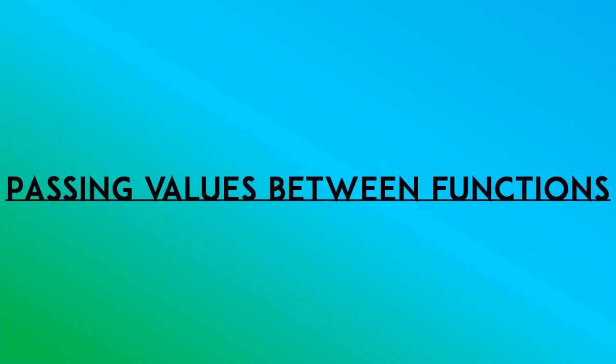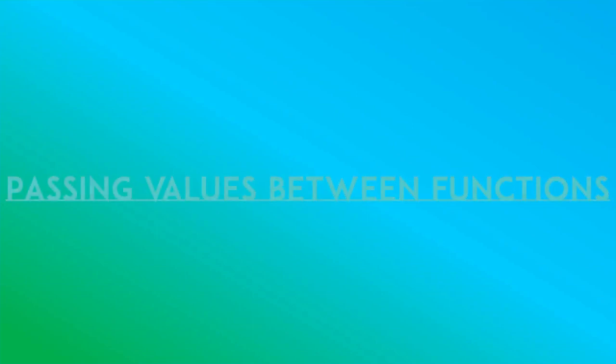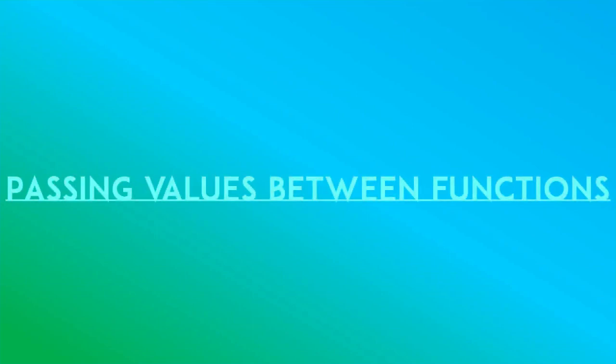And in this video, we will discuss passing values between functions. As we know, the functions that we have used so far haven't been very flexible. The mechanism used to convey information to the function is the argument.